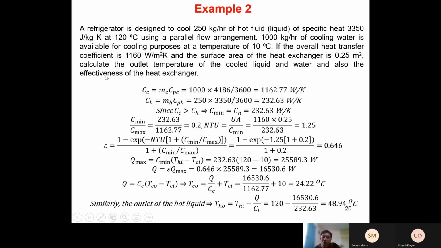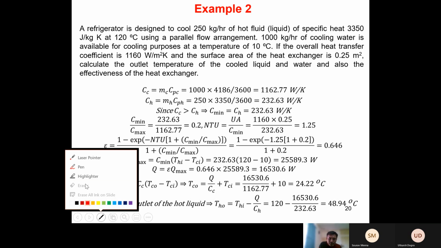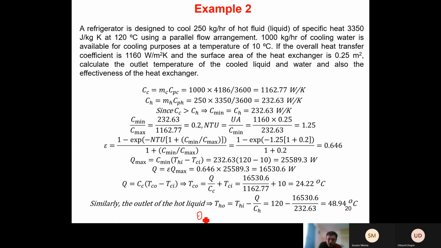Similarly, the outlet temperature of the hot fluid also we can calculate. So sensible heat also given by CH, THI minus THO, isn't it? If I rearrange that, I can get THO. THO can be obtained as THI minus Q by Cc, isn't it? This directly obtained from this equation. So Q is given as CH, THI minus THO. We can rearrange this to obtain this equation.